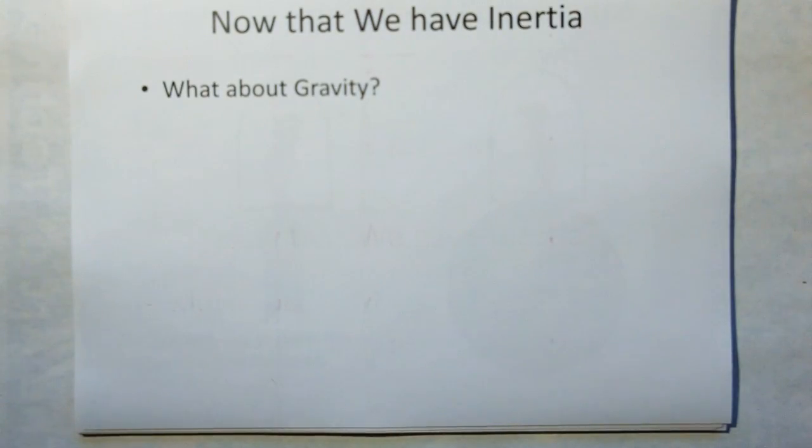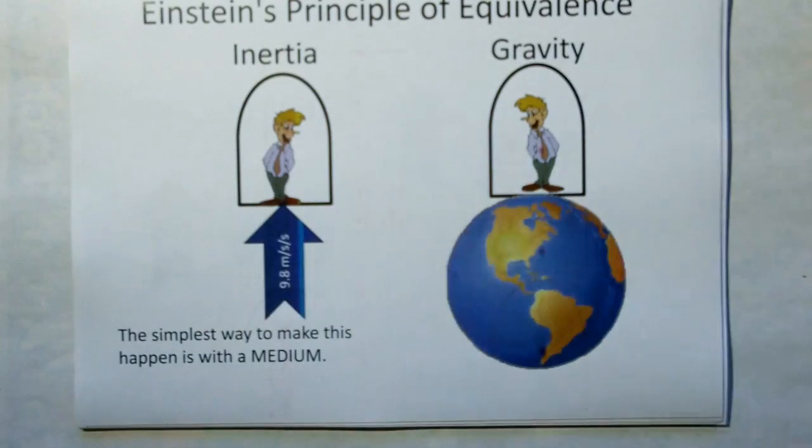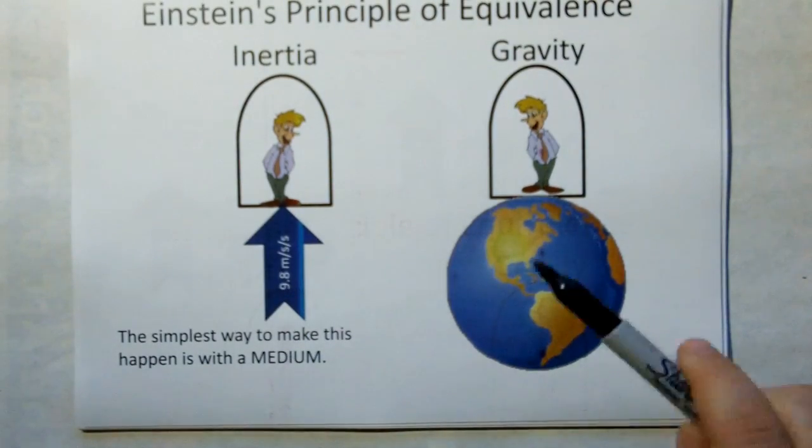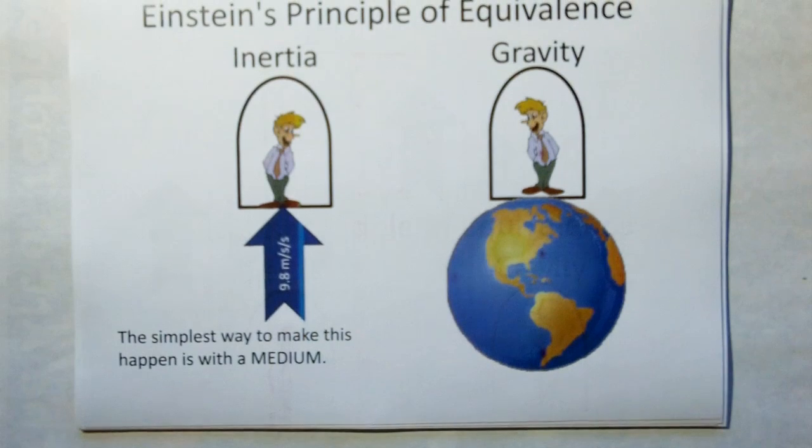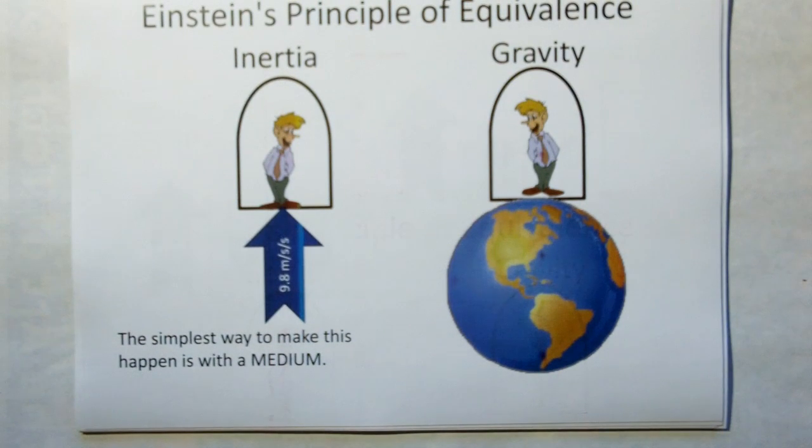So now that we have inertia, what about gravity? If you go to slide 4 from video EMF 006, which is the last video of the foundation series, it shows how ethereal mechanics describes gravity and ether and all the properties of nature.